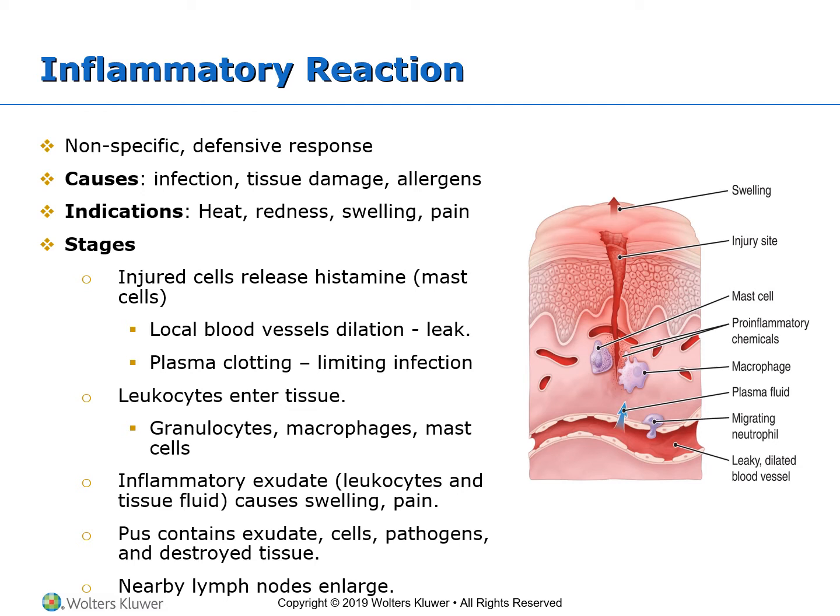Now, the lymph nodes will be the filters that will try and drain and clean out even more those pathogens that were removed from the area in the infection. And as a result of this overwork of the lymphatic system, there will be an enlargement of the lymph nodes. And the process is called lymphadenitis. So whenever we have a lymphadenitis, we know that there is infection somewhere and that those lymph nodes are working overtime to produce more cells to fight the infection.